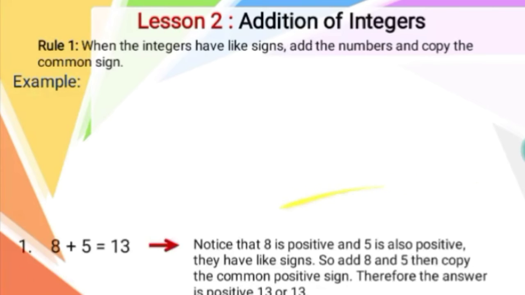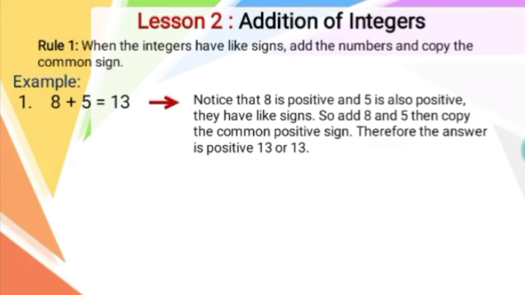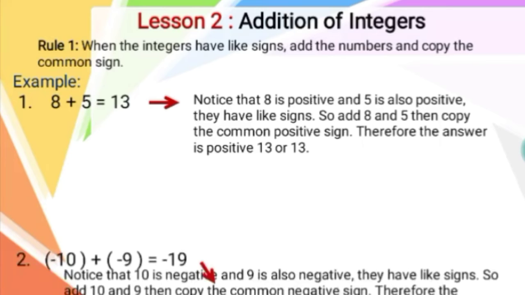For example, for number 1, 8 plus 5 equals 13. Notice that 8 is positive and 5 is also positive. They have like sign. So add 8 and 5, then copy the common positive sign. Therefore, the answer is positive 13 or 13.